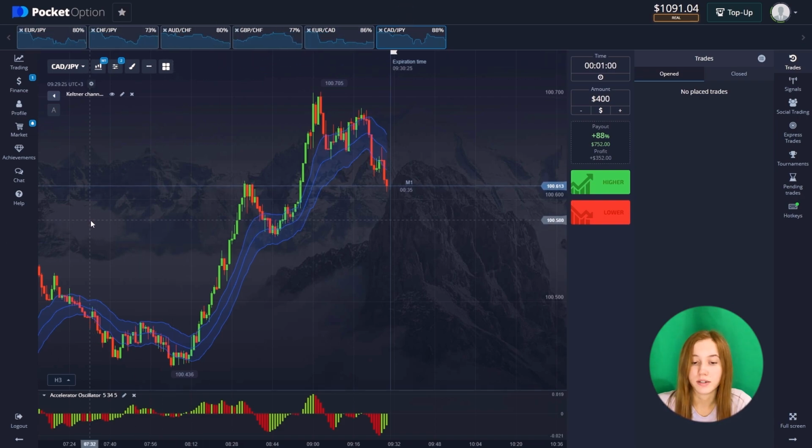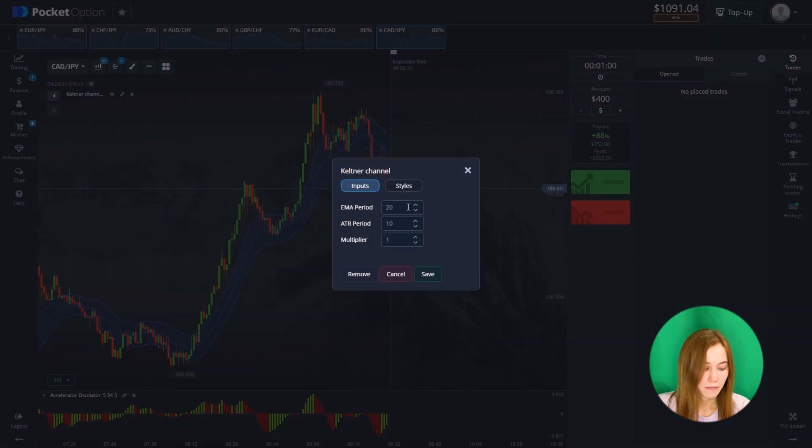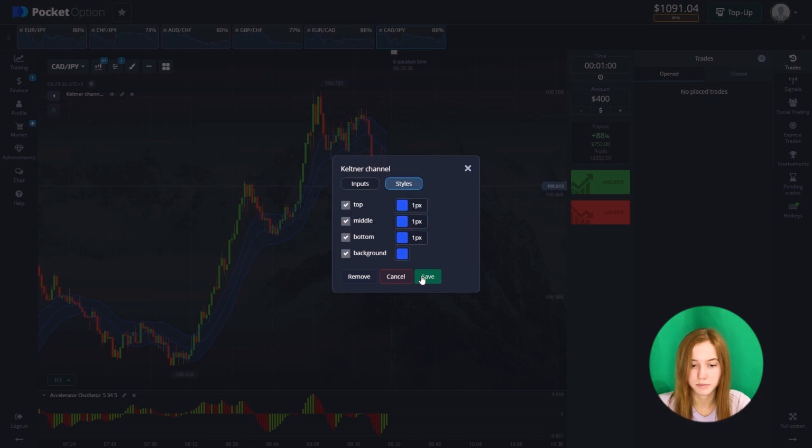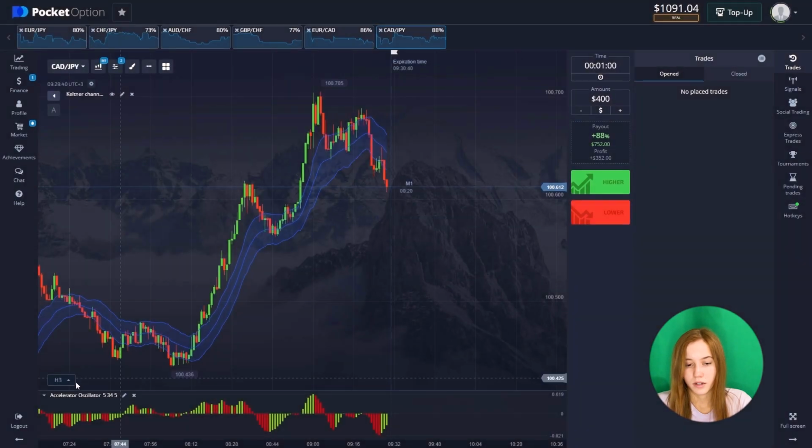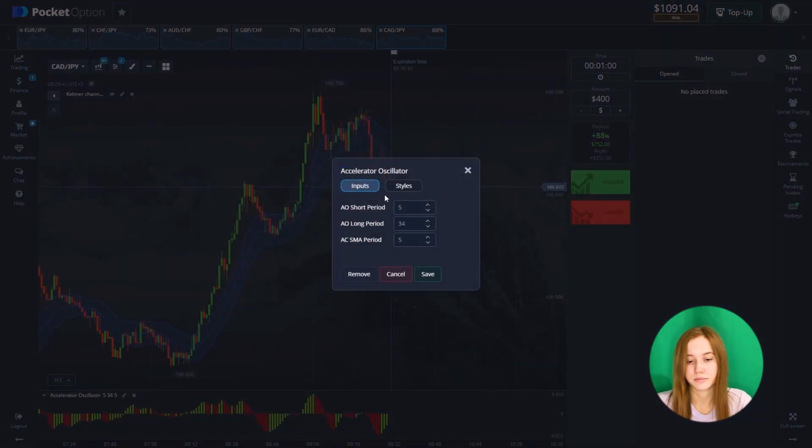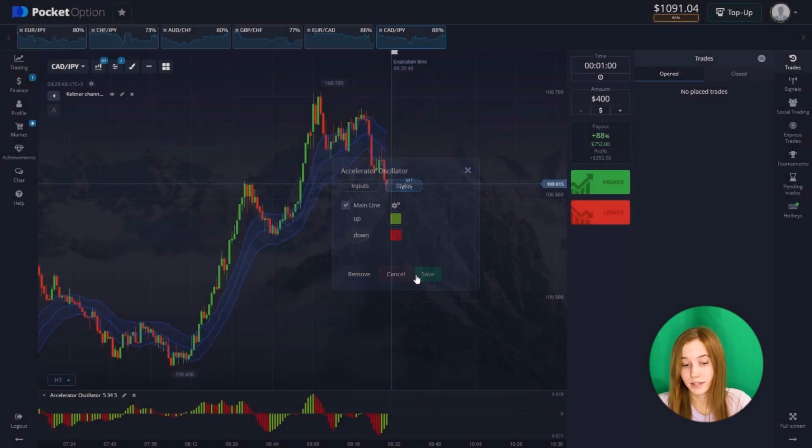We used technical analysis and 2 indicators, Keltner channel, you see, and the settings, and oscillator. So I think that's it.